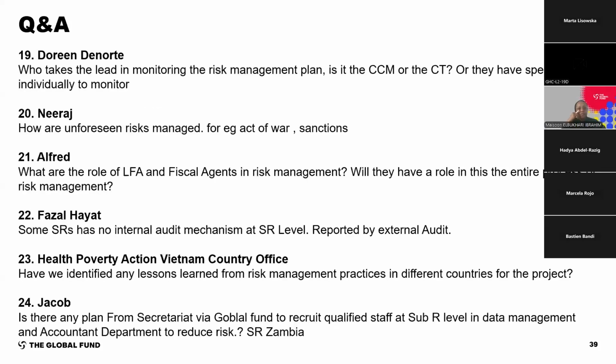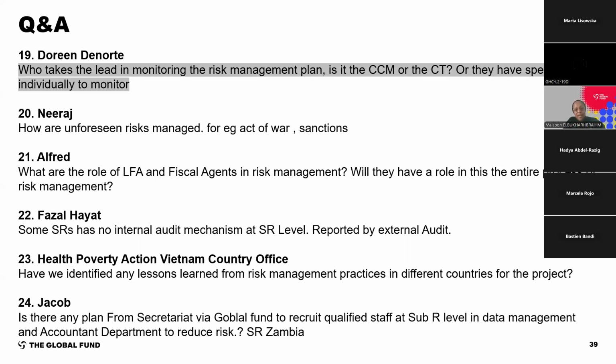Who takes the lead in monitoring the risk management plan? Is it the CCM or the country team, or do they have specific points individually to monitor? Monitoring the implementation of the risk management plan, each one of us has a role. The first line, the country teams, the second line, us in the risk department, and the CCM.